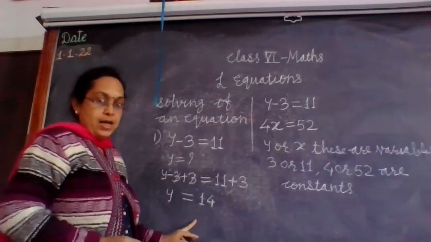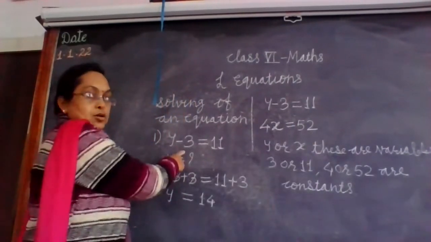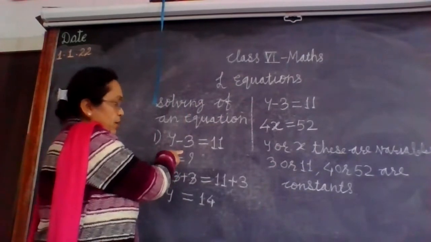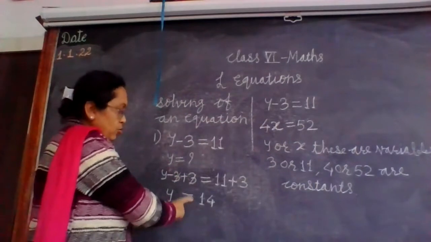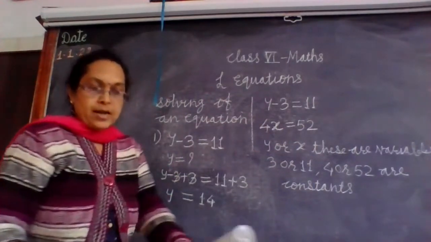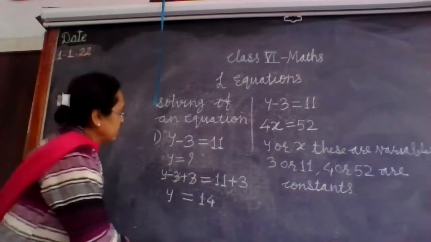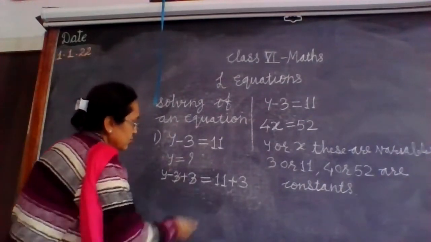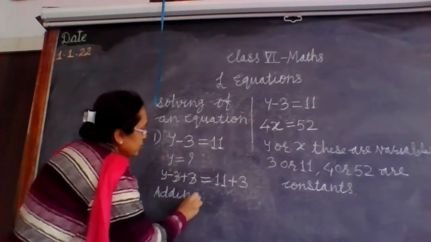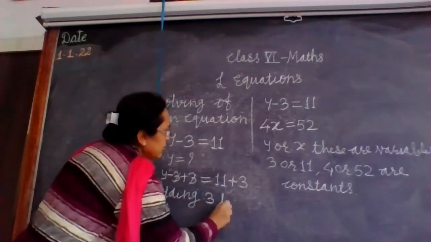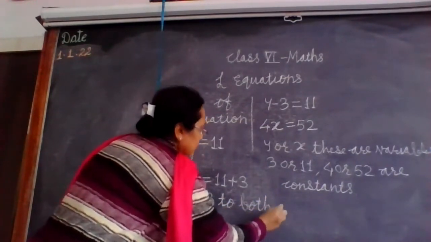We got the y value. Now what to do? We have to do the opposite operation. Here minus 3 was there with the variable, and we are doing addition. This step must be written, and you can write the reason: adding 3 to both sides.